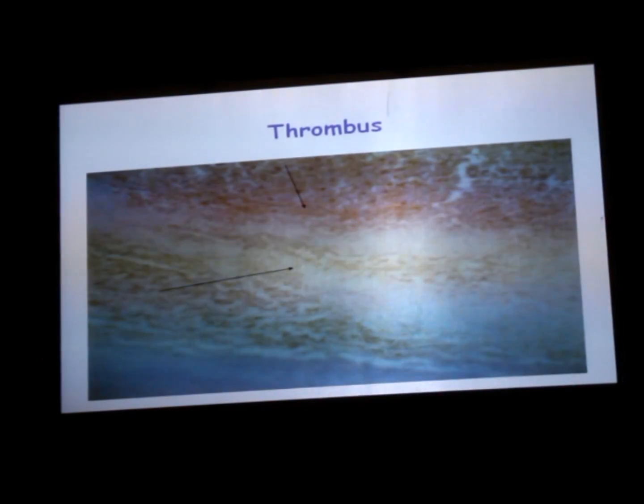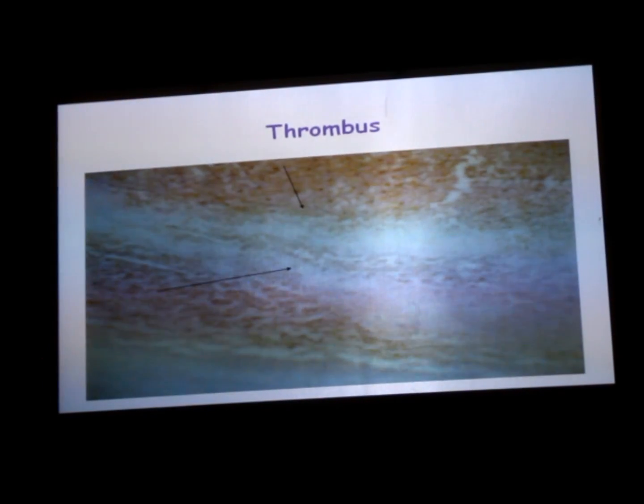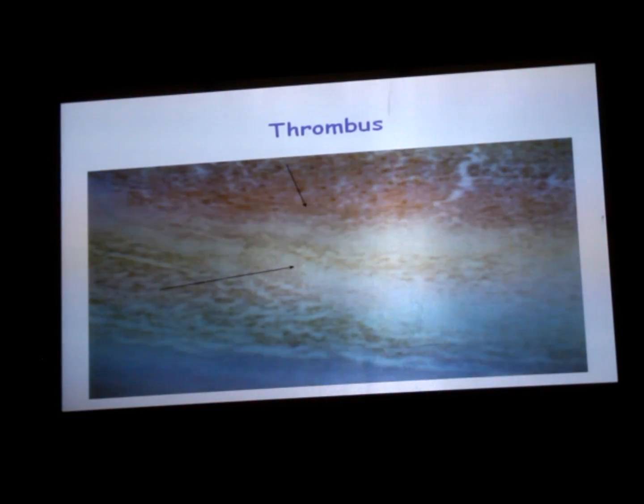Wherever you see RBCs, pink line will be there and adjacent platelets, pale line will be there. Even you find some amount of WBCs also in this. So alternating pale and pink lines are known as lines of Zahn. L-I-N-E-S, lines of Zahn, Z-A-H-N. Okay. So you might have studied in your theory what are lines of Zahn. Lines of Zahn are seen in a thrombus.